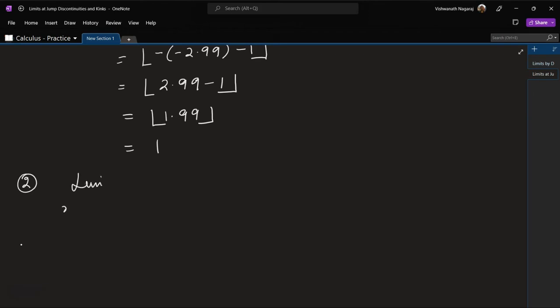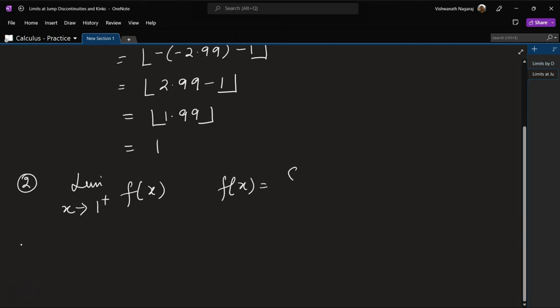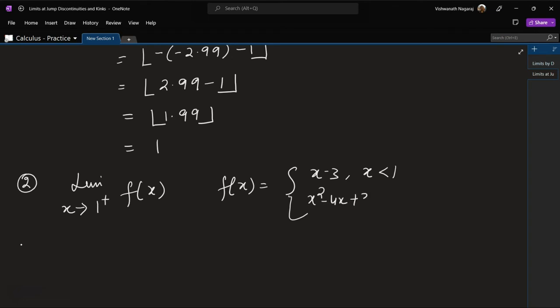Limit as x approaches 1 from the right hand side of f of x, where f of x is equal to x minus 3 if x is less than 1, and x square minus 4x plus 3 when x is greater than or equal to 1.